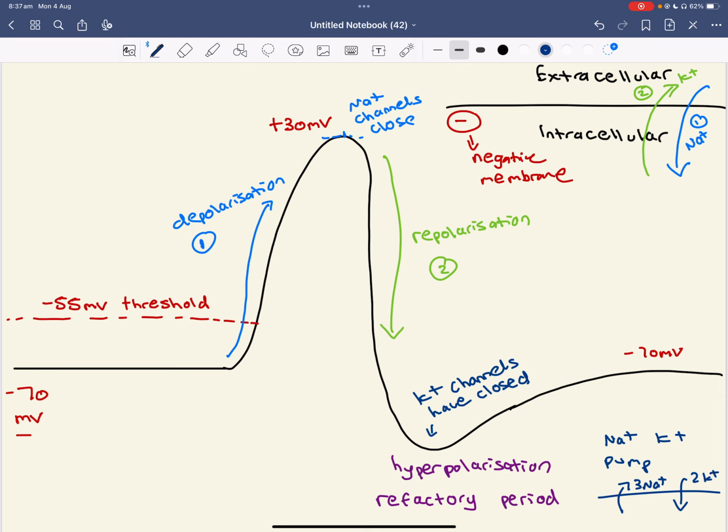So that's net negative, because we're taking out 3 positively charged ions and bringing in 2, so overall we're net negative 1. The sodium-potassium pump will help us get back to negative 70 millivolts.